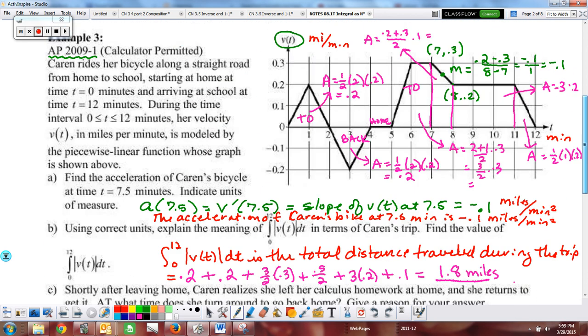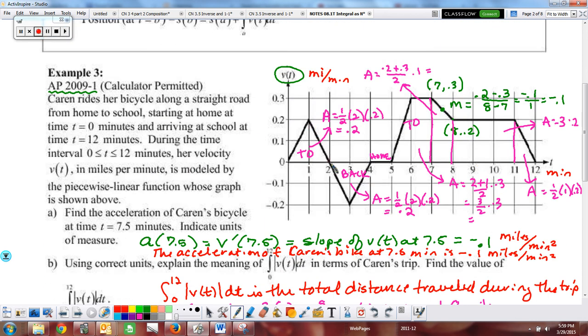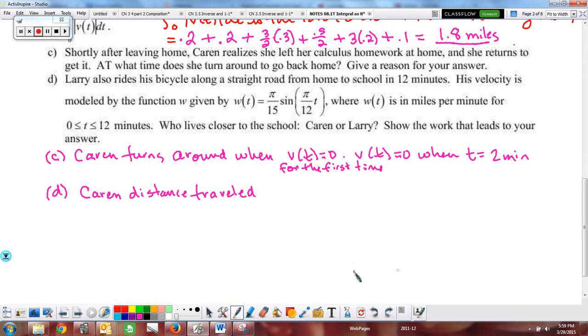We don't want to worry about the entire trip. We really need to do the 5 to 12 for her. So her distance traveled is going to be the integral from 5 to 12 of v of t dt, and that will be how far she is from her home.